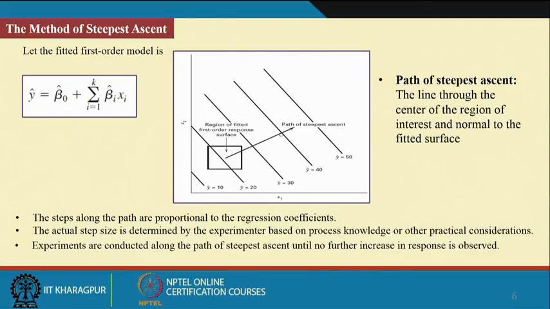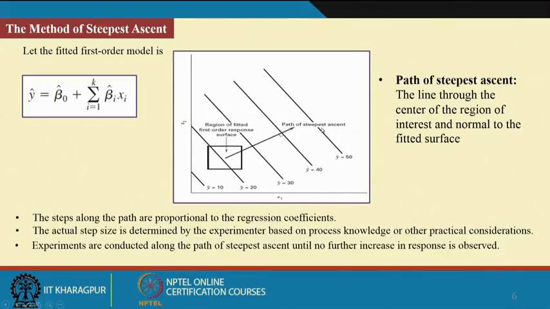So you get a surface with parallel lines which give you the contours for the response. Here you see y cap equal to 10, y cap 20, y cap 30, like this. These are the contours, and at present you are operating here.